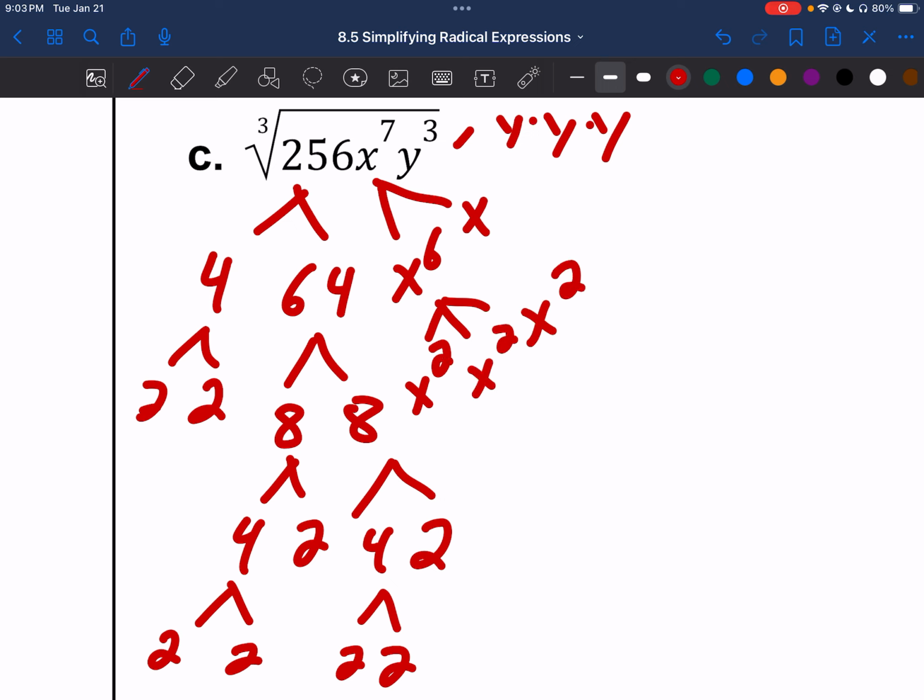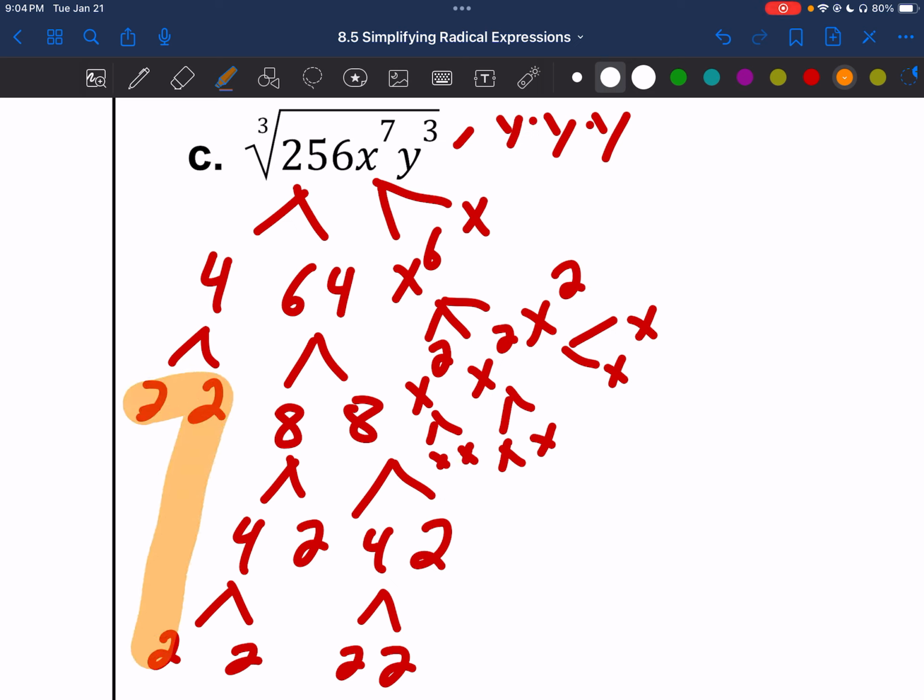If you wanted to, you could then write x, x, x, x, x, x. So that's everything taken to prime. So we're doing the cube root, so we're looking for groups of 3 of something. So we have 1, 2, 3. 1, 2, 3. 1, 2.